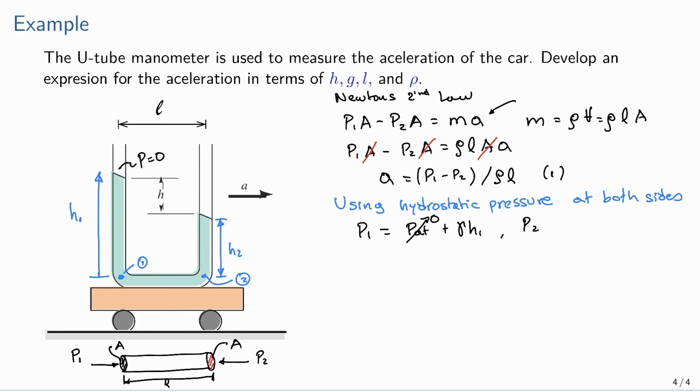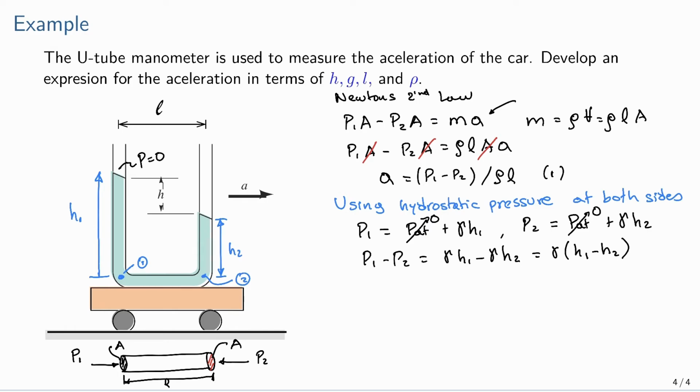And P2 is equal to the atmospheric pressure, which is 0, plus gamma multiplied by H2. So P1 minus P2 is equal to gamma multiplied by H1 minus gamma multiplied by H2. Otherwise, gamma multiplied by H1 minus H2.